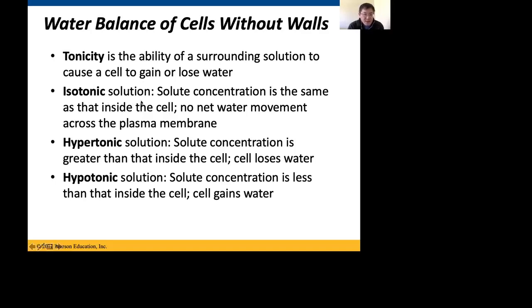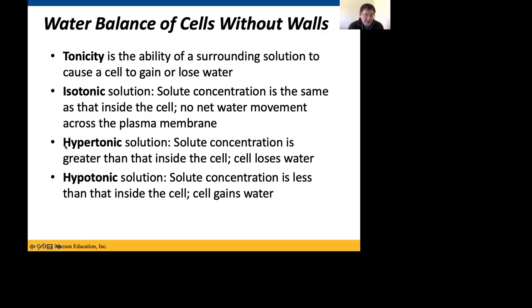If the osmolarity of the extracellular solution is equal to the osmolarity of the solution inside of the cell, that means there is no net water movement across the cell membrane. So the extracellular solution is called an isotonic solution.